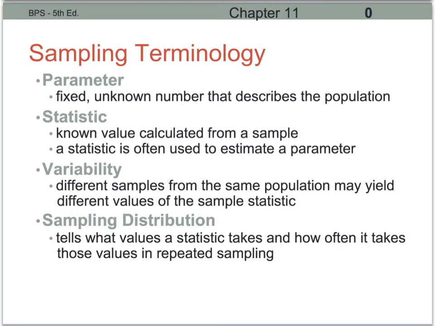And we need to know that different samples from the same population are going to yield different values for that sample statistic. And just like a distribution tells you what values a variable takes, a sampling distribution will tell you what values a statistic takes and how often it takes those values if you sample over and over and over.